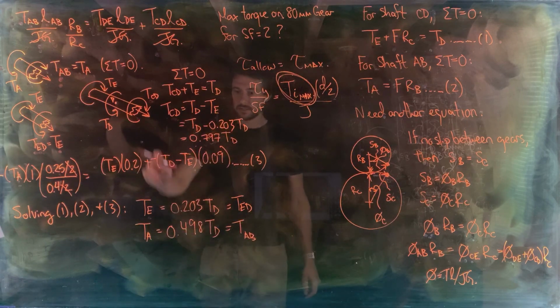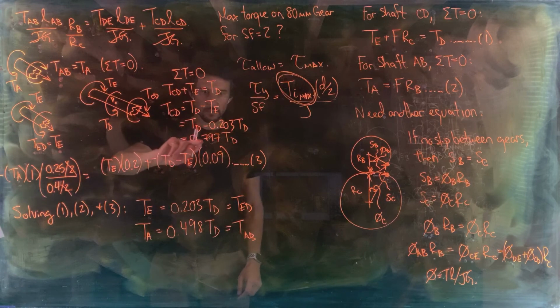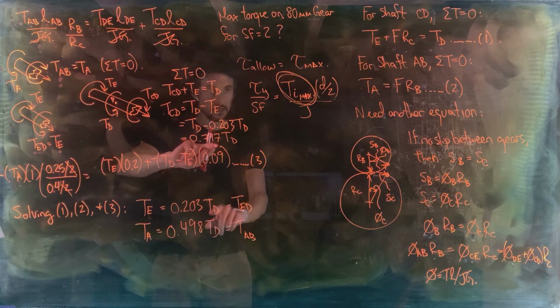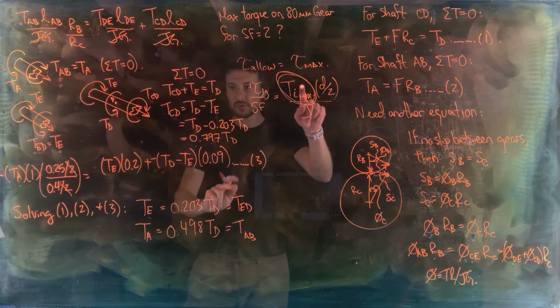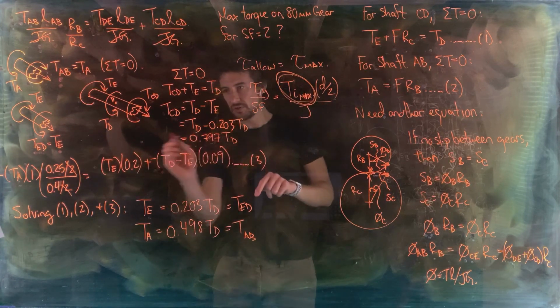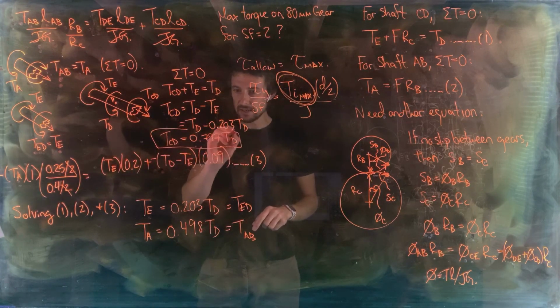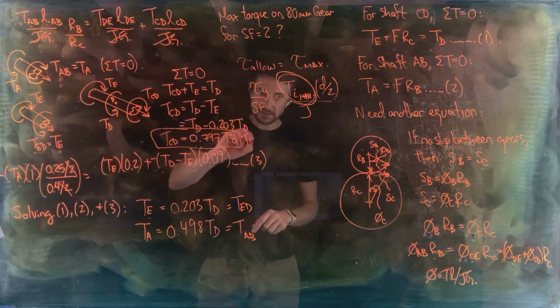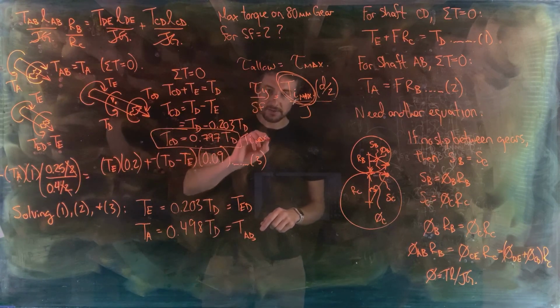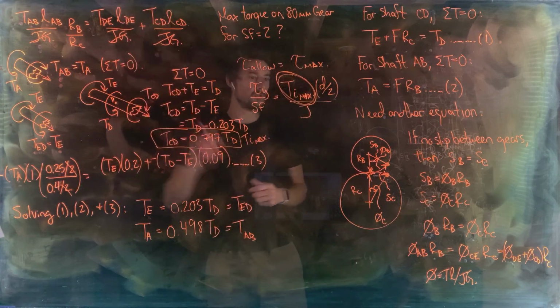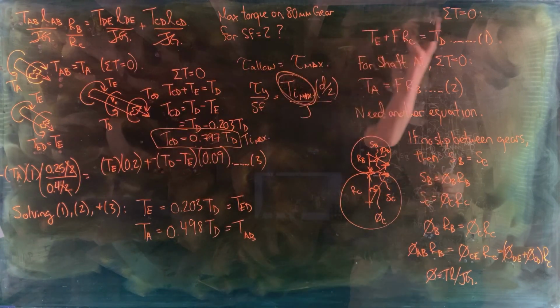Okay. So here's one internal torque, 0.797 TD, 0.498 TD, and 0.203 TD. So what's the maximum internal torque? The maximum internal torque is the torque in segment CD right here. This is T max right there. Okay, so that's exactly what we need to solve the problem now.